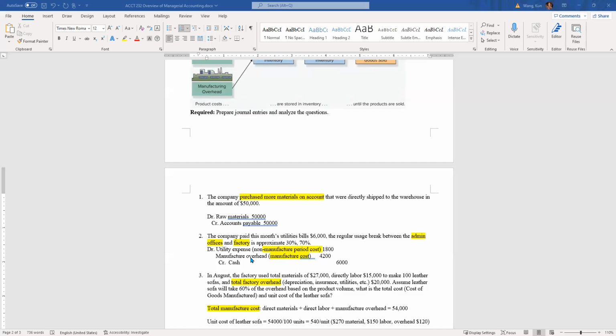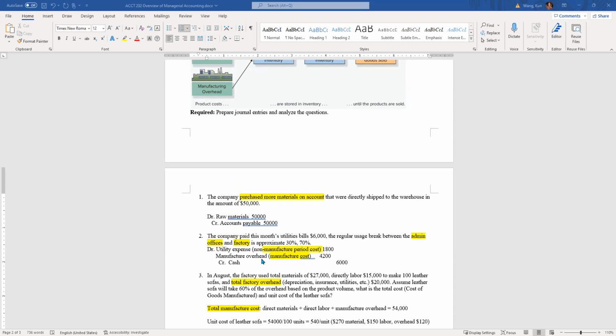We'll explain in more detail this account in chapter 1 and chapter 2. At this point in time, just to have an idea, it represents the indirect manufacturer cost, because this utility helps all of the products, not like your raw material or labor. You can't identify it for different products. This is a general manufacturer cost or overhead.